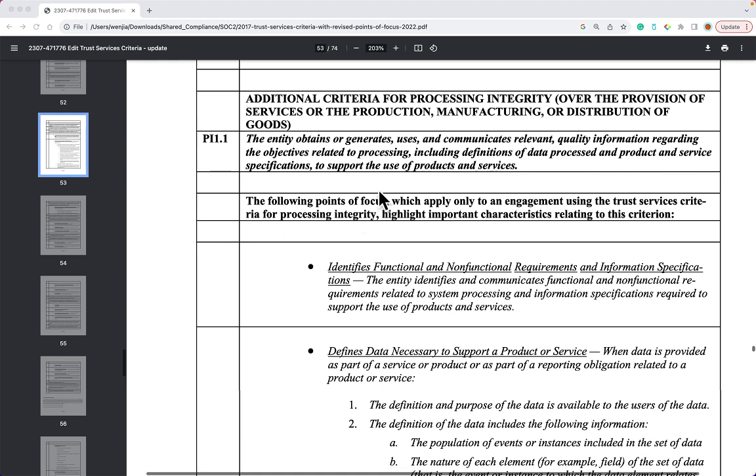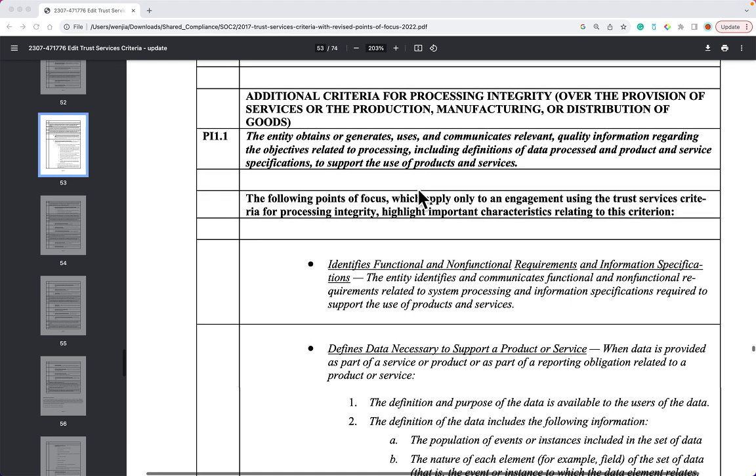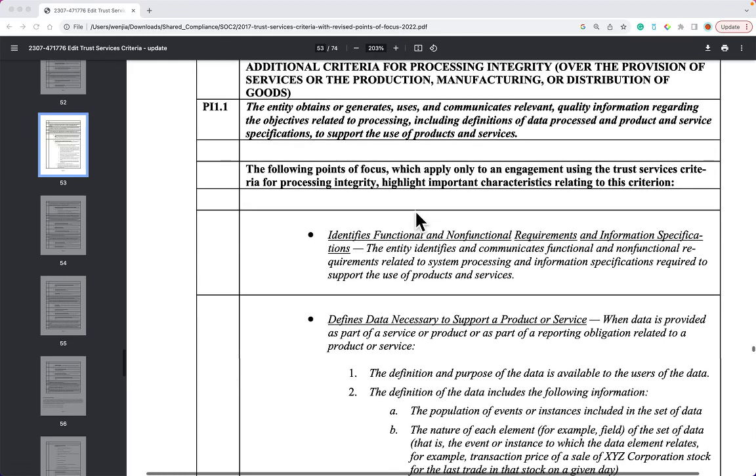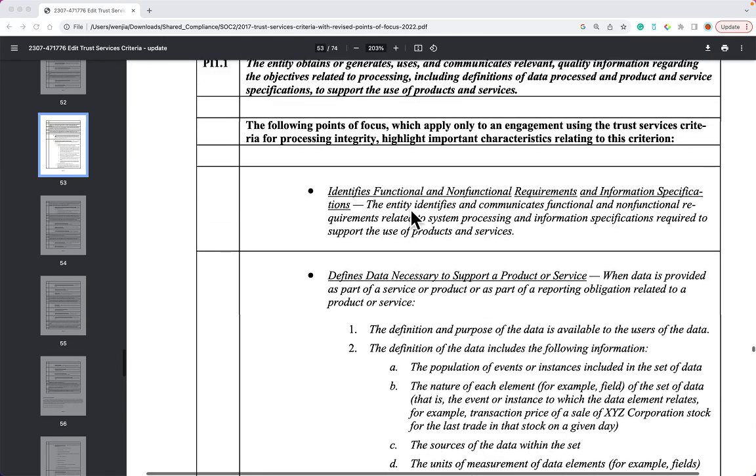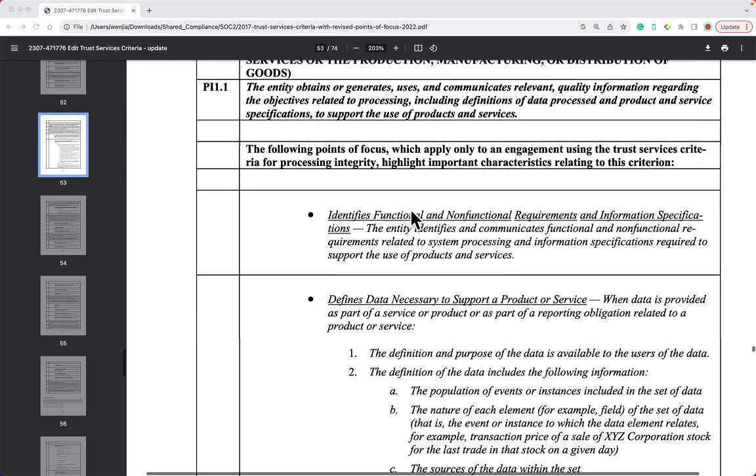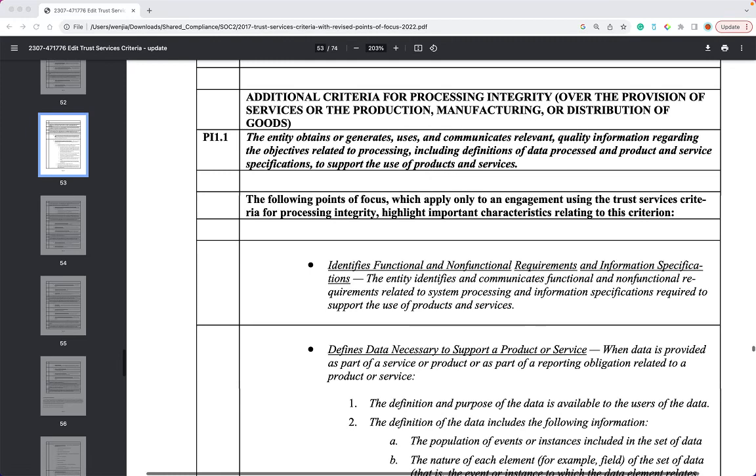Actually, for the whole processing integrity part, we could check it as a whole criteria. When I'm reading this part, my thinking process is like this. First, we need to know what this criteria is. What is processing integrity?